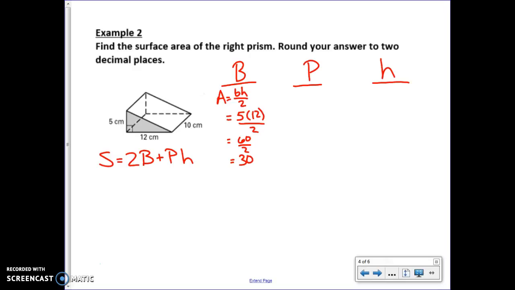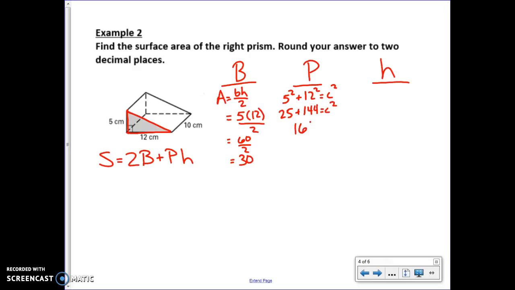Perimeter of the base, though, I'm going to add 5 plus 12 plus that hypotenuse. Notice I have a right triangle here, so I can set that up as a squared plus b squared equals c squared. So 5 squared plus 12 squared equals c squared. 25 plus 144 equals c squared.